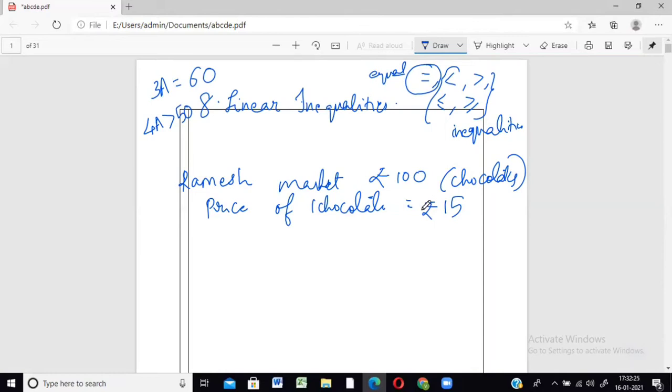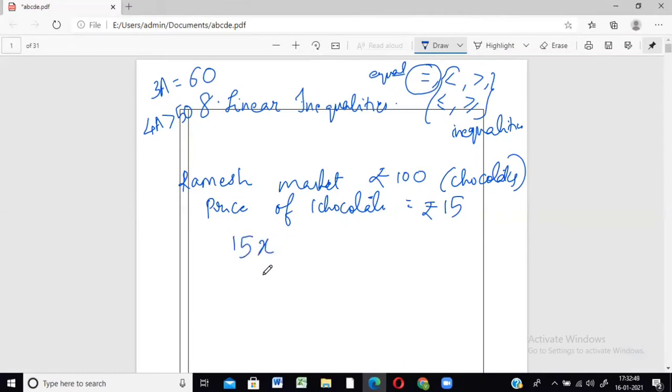Now he has to calculate. He's just got 100 rupees in his pocket, and the shopkeeper tells him the price of one chocolate is 15 rupees. He should be careful enough, he should know this much maths, such that he only buys that many chocolates, since the price of one chocolate is 15.